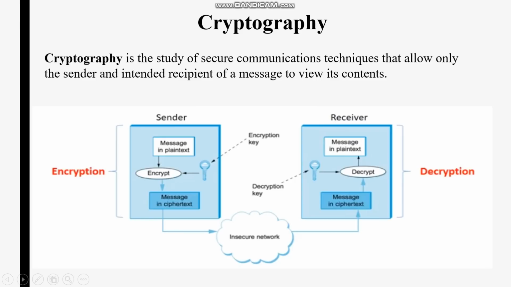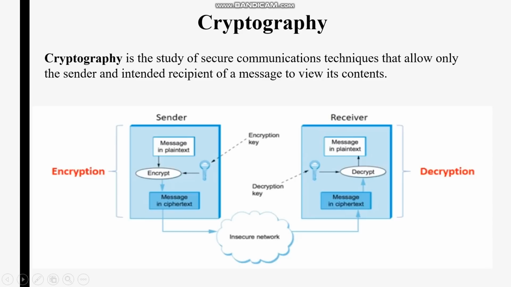In that case, how do we securely send this plain text to the receiver so that only the receiver will be able to see the original message? So before we send the message directly over an insecure channel, we convert it into a ciphertext and then send it across to the receiver.